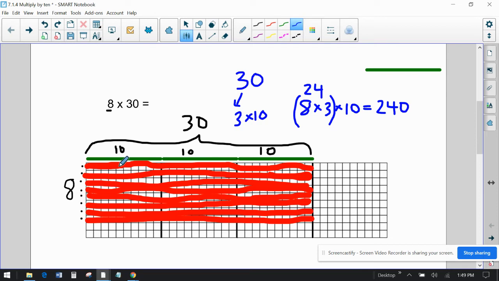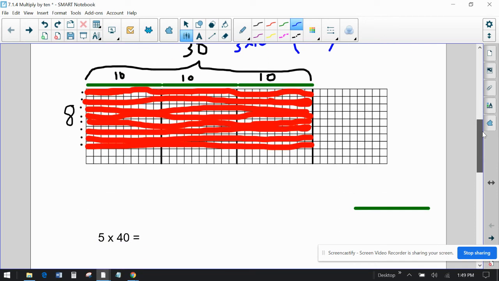If I counted every single one of these squares, there would be 240 squares. So that's the answer there. Or another way to look at it, you just do the 8 times the 3, cross off the 0. You do the 8 times 3 is 24. And then when you tack the 0 on, it shifts everything over and it's 240. So there's lots of different ways that you can look at this.